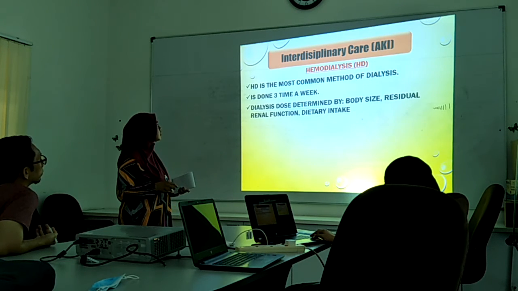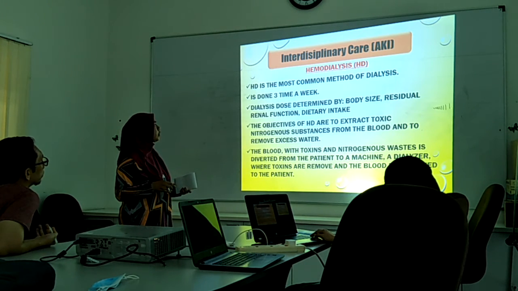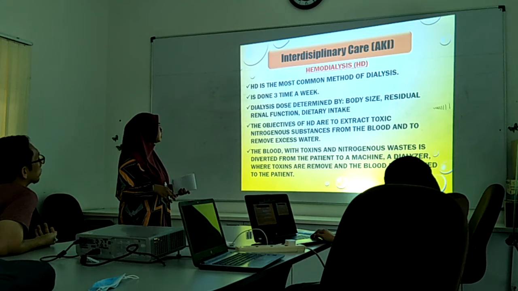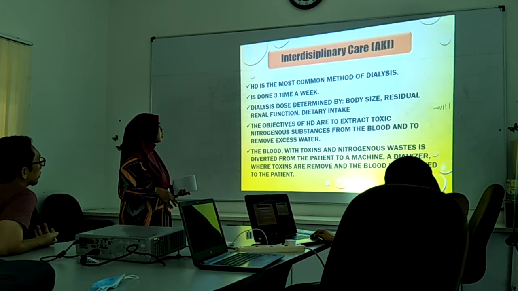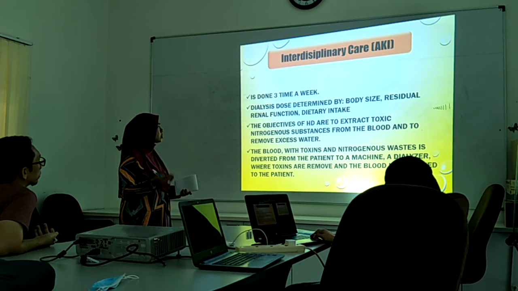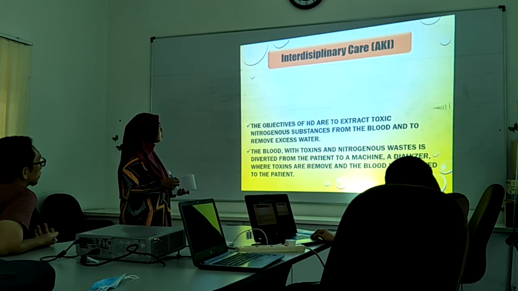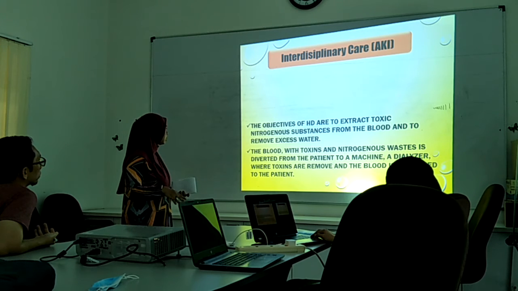Okay, hemodialysis, the most common method of dialysis, done 3 times a week, and determined by body size, residual renal function, and dietary intake. The objective of hemodialysis is to extract the toxins contained in our body and remove excess water.